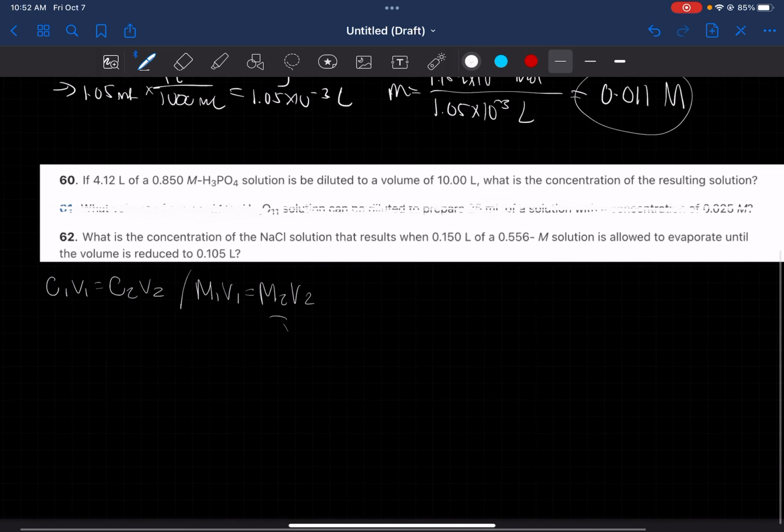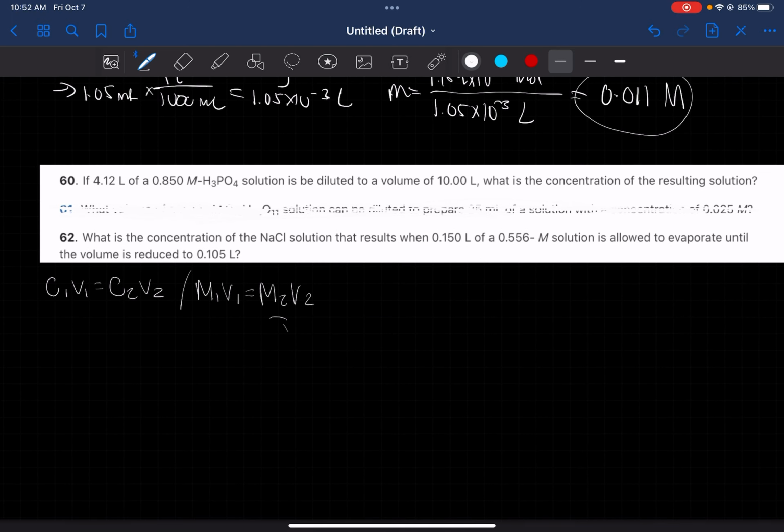Okay. So if 4.12 liters of a 0.850 molarity hydrogen phosphate solution is to be diluted to a volume of 10 liters, what is the concentration? All right. This equation gives us 3 of the 4 things we need.